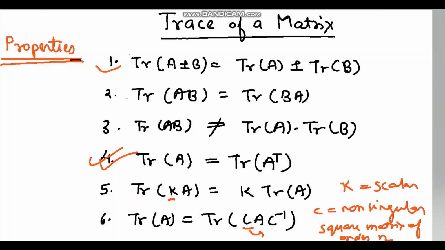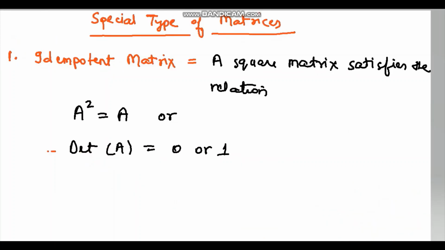Next we will see some special types of matrices, and these are very important from the point of view of GATE, IIT and other engineering competitive exams. Now we have some special types of matrices. The first type is the idempotent matrix.